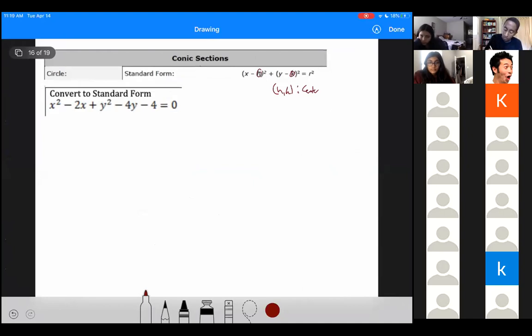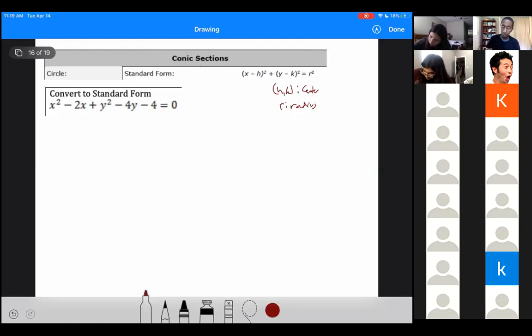The R here is the radius. And you have to be careful because it's R squared. So like if this equaled 25, your radius is not 25, your radius would be 5, because 5 squared is 25. So that's just the key parts of the formula there.